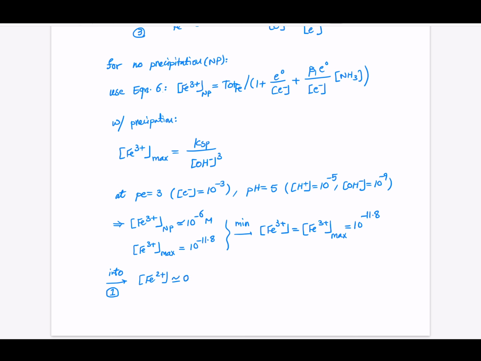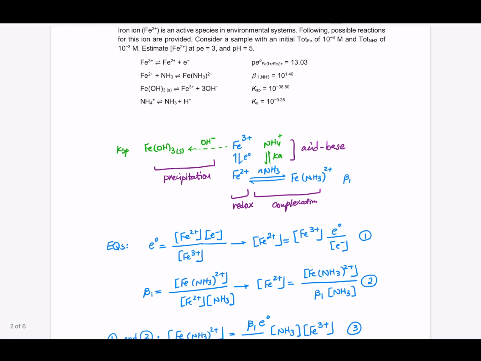So what it means is that the concentration of Fe3+ is so low. The concentration of Fe2+ is also very low. And when we look at the diagram, this is so low, this is so low. So obviously not much of this to go towards this one. So the complex is also so low.